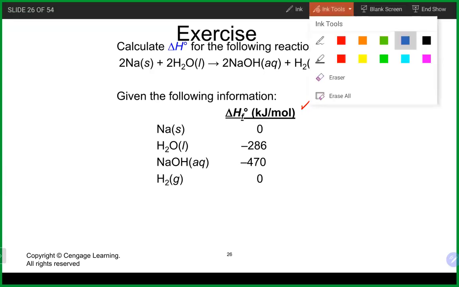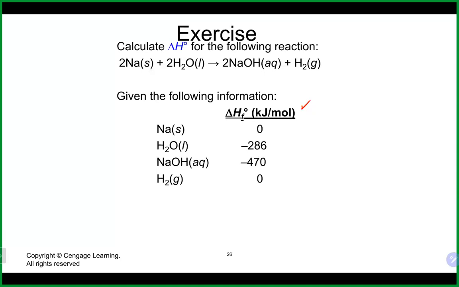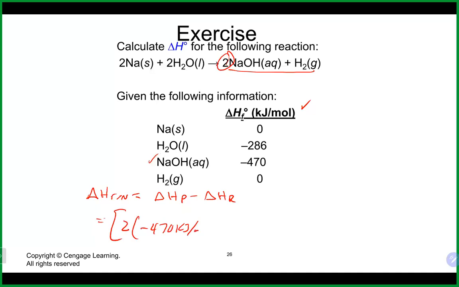Okay, let's take a look since we're getting to the end here. So once again, we're going to do our delta H of our reaction, our products minus our reactants. So on the product side, which is this side, we have 2, which is the coefficient, times the value of sodium hydroxide from the table, minus 470 kilojoules per mole.